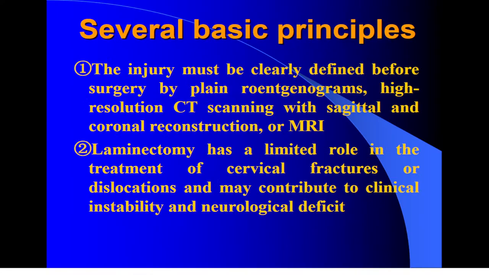A few basic principles. The injury must be clearly defined before surgery by plain X-ray examination, high-resolution CT scanning with sagittal and coronal reconstruction, or MRI. Laminectomy has a limited role in the treatment of cervical fractures or dislocations and may contribute to clinical instability and neurological deficit.